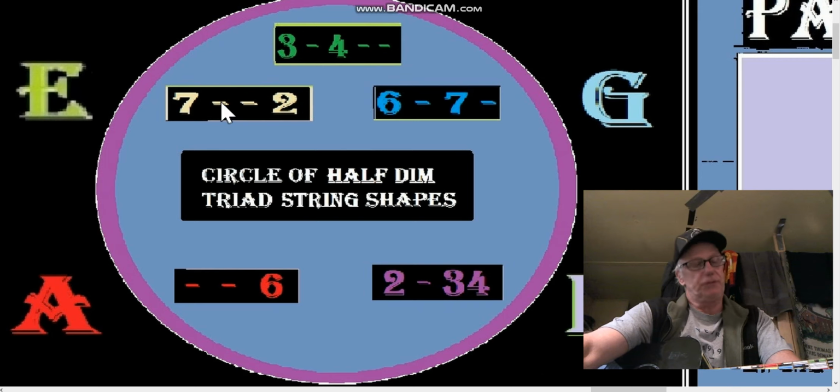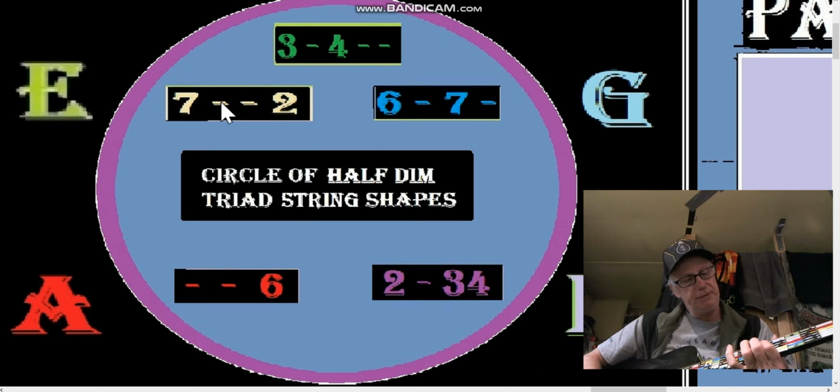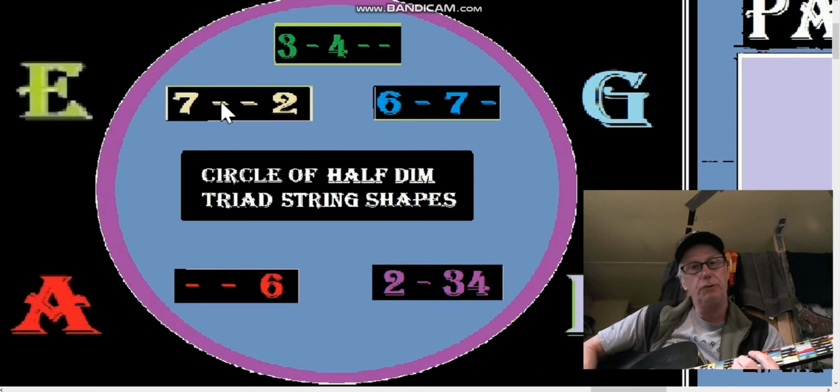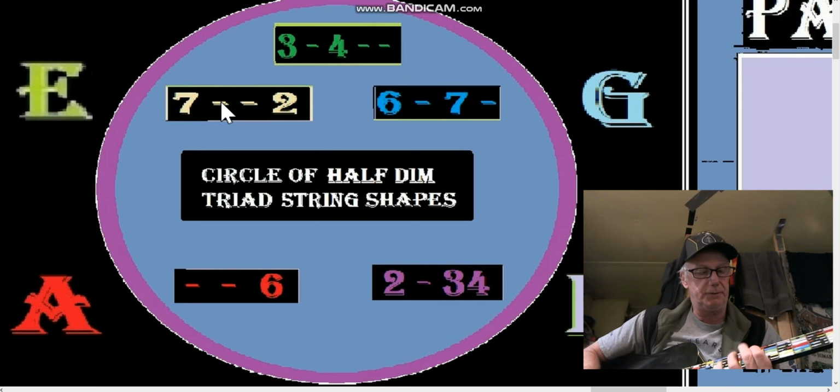Okay, on the E string, so it's always eats. So here's the diatonic, assuming our root chord is the A shape.